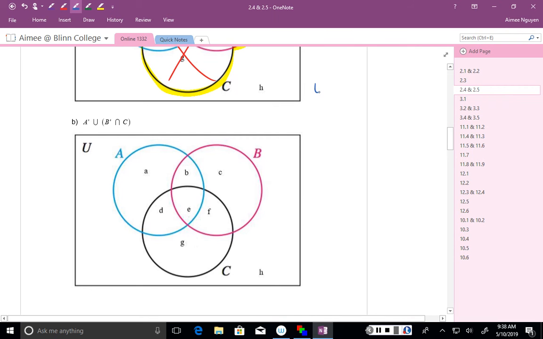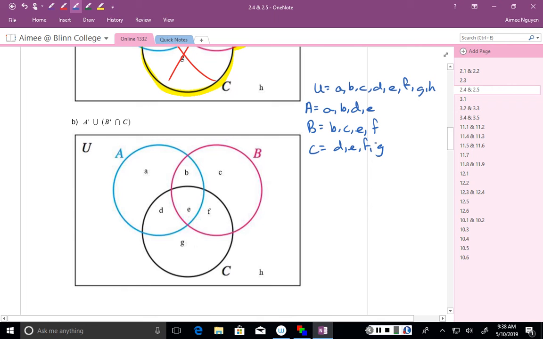So again, my universe, A, B, C, D, E, F, G, and H, and then I had A, which was A, B, D, and E, and then I had B, which was B, C, E, and F, and then I had the set C, which is D, E, F, and G.